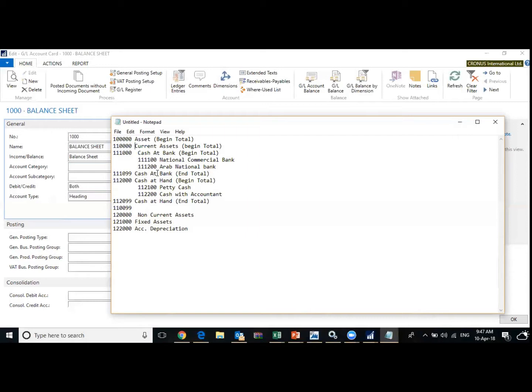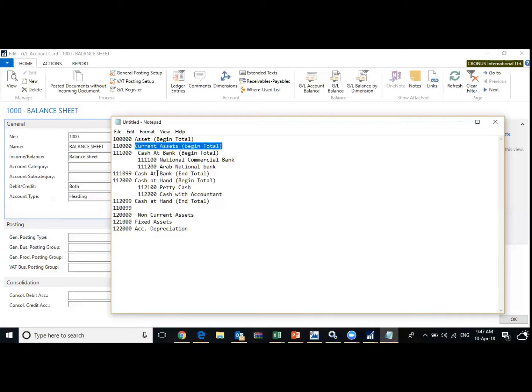Now this is the major category. Assets is the main category. Then you have your current assets. Under current assets you have cash at bank, cash at hand. And now I'm closing the current assets because now my non-current assets need to start. So what I'll do is I will just take the same name.